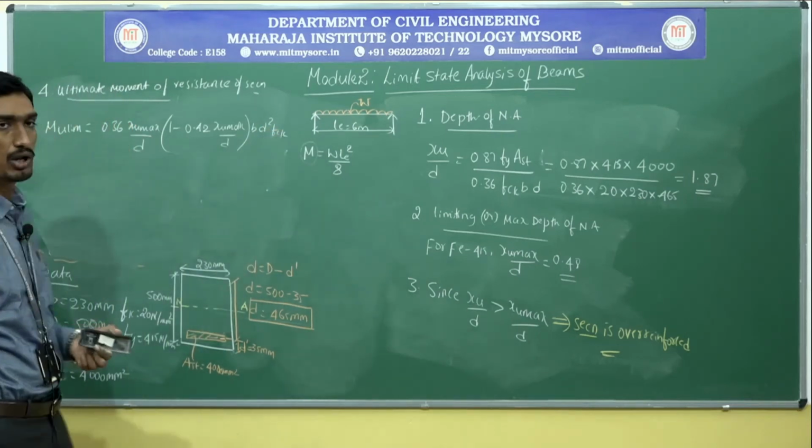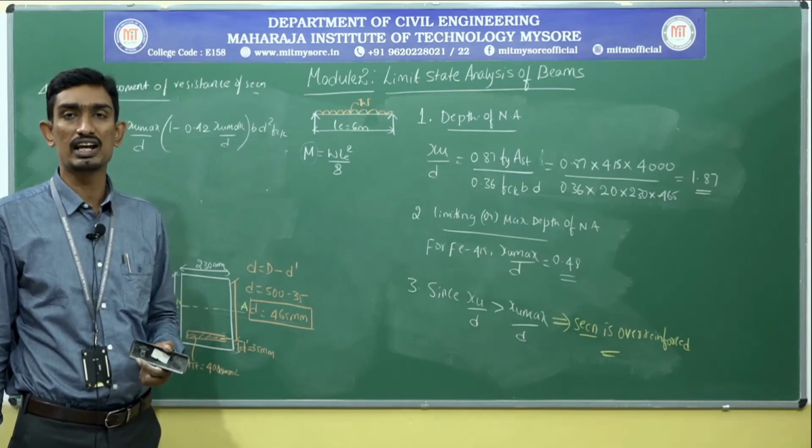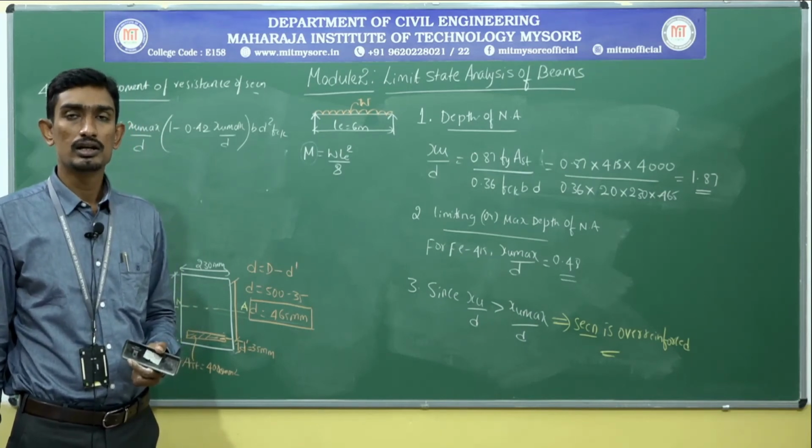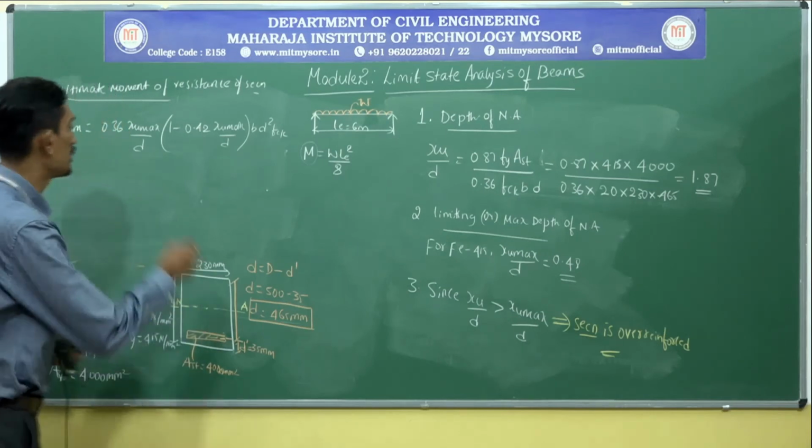Either you can use this formula, or for Fe415 grade steel, you can use Mu lim is equal to 0.138 fck b d square. You can use either of the formulas.